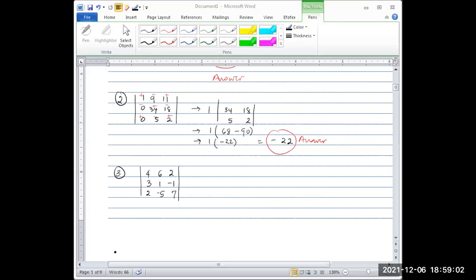Sir, I think I got the answer, but I'm not sure if it's correct. Based on the approach I took, it was a very difficult one. I got negative 164.